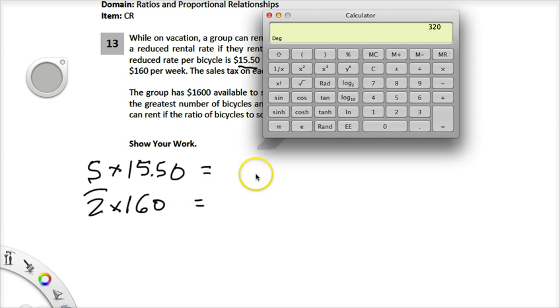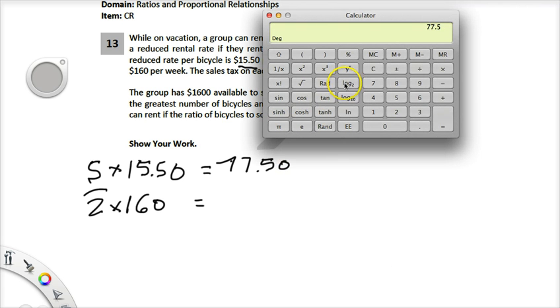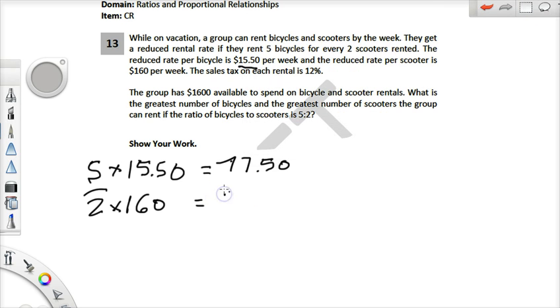Because this is a portion of the test where you can use your calculator, let's come in and double check. So we'll do 5 times 15.50, which should be 77.50. Let's check. And yes, it is 77.50. Then we know that 2 times 160 is 320, but it's a good idea to check on the calculator just to make sure you don't make a computation error.